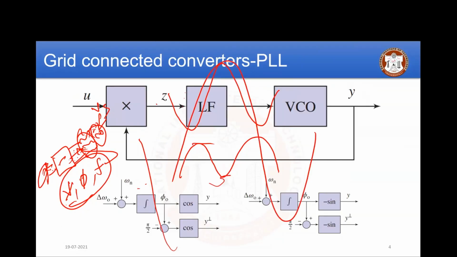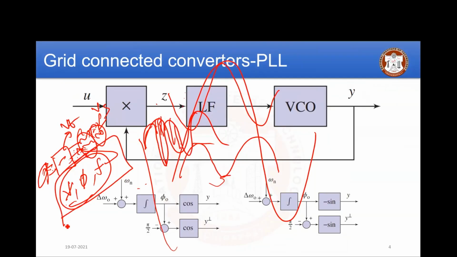And even if there is a frequency deviation, suppose this is your Vs, and whatever the inverter output Vt, if it is at a different frequency, and you are integrating that Vs at a different value, you can see at some part it is okay, but later on, you are going to create unnecessarily large phase differences, which is again not allowed. So you have to make sure that three things, your magnitude, phase, and frequency, are synchronized.